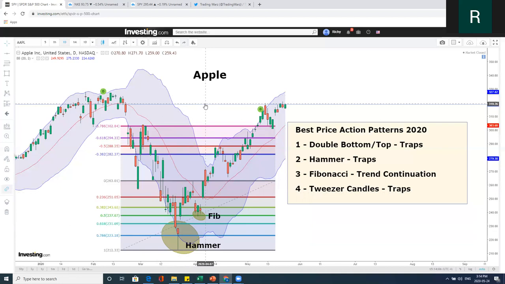Okay, guys? So the next pattern that shows up here is the Fibonacci pattern. And this pattern is very advanced and it's sometimes complicated. But essentially what it is, is a continuation of a move, continuation in the direction of an impulsive move. And on Apple, we saw from the 23rd to the 31st of March, we had a big push up, and for everyone that missed the hammer candle buy, their next opportunity would be on a pullback.